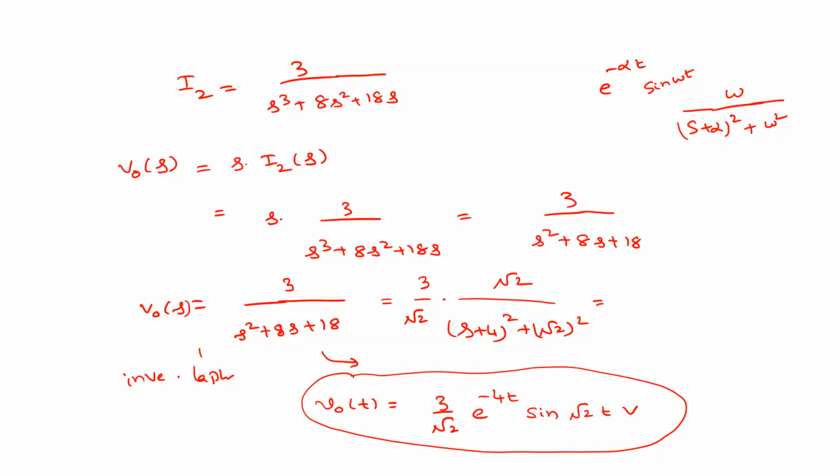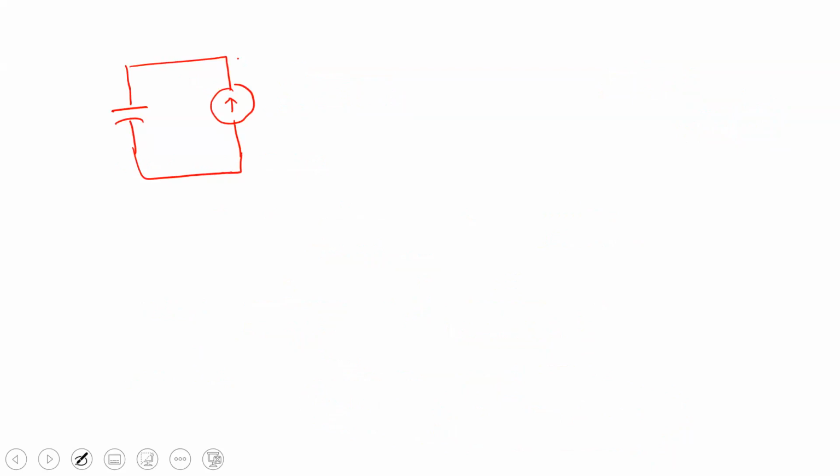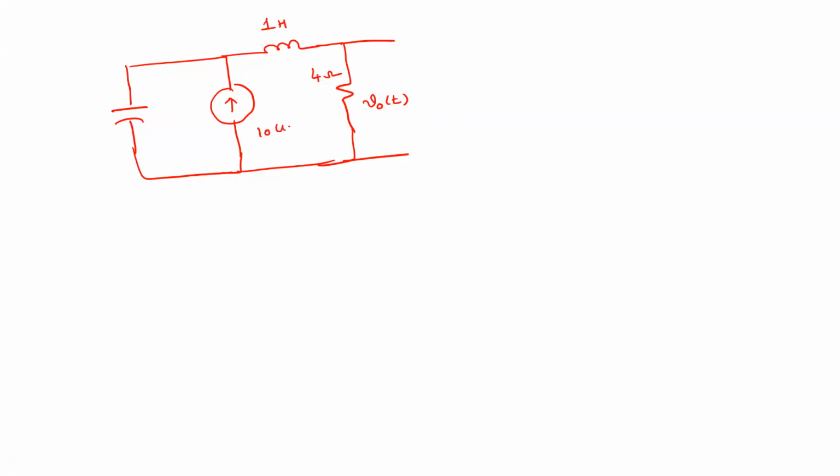So try to solve one more. Find V of t. Zero initial conditions.